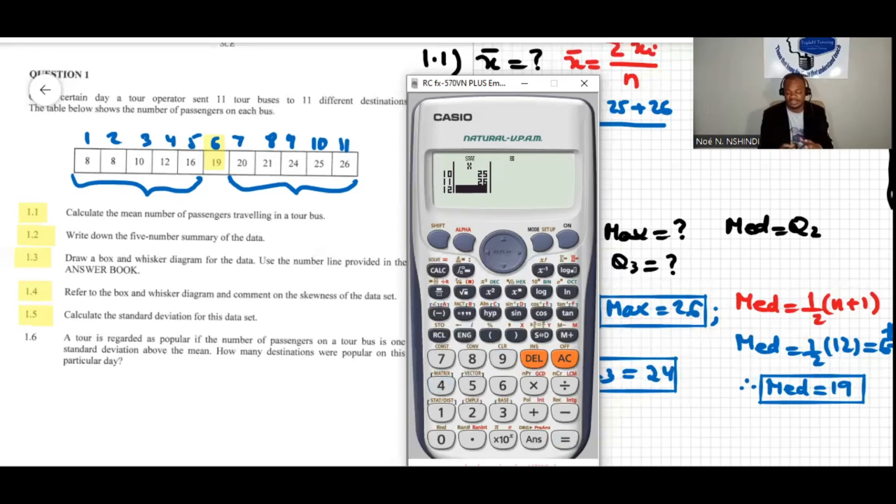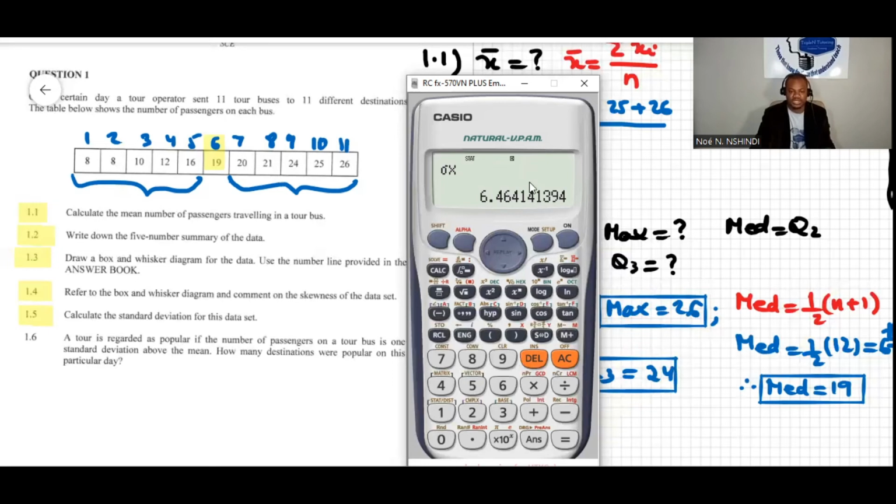Now that you have entered the data, we can just press AC and then press the shift button on the calculator, press shift, and then press 1 for stats. Then we select number 4 for var. The notation for the standard deviation is number 3, so if you press 3 and then equal, it tells us what the standard deviation is.